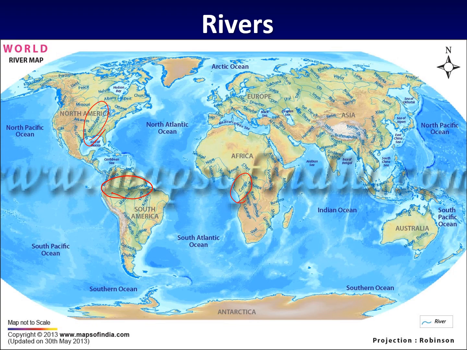A couple of big ones, the Ganges and the Brahmaputra coming through here through Bangladesh. That's a really big one coming out of the higher elevations of the Himalayas there. And all the river flows in Asia and Europe are seen here as well. So just to look at where some of these rivers are.